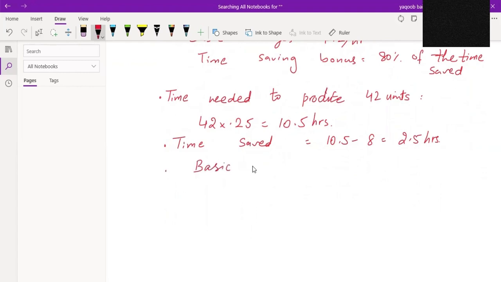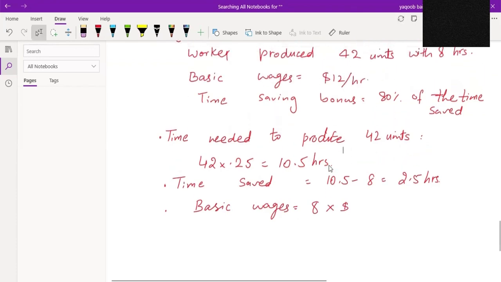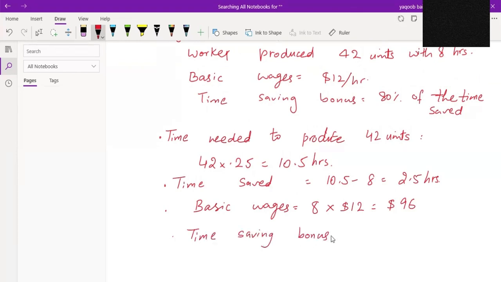Basic wages is equal to 8 into $12 per hour, $96. Time saving bonus is equal to time saved into basic rate per hour into time saving bonus percentage.